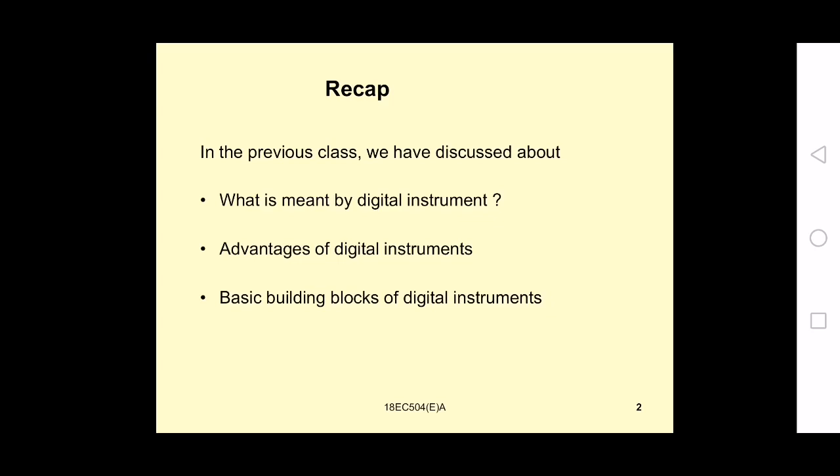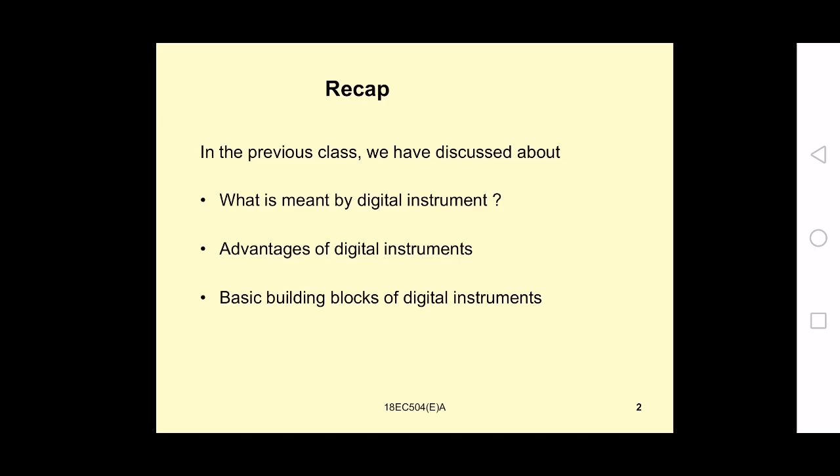Accuracy is higher, resolution is better, and the digital signal can be recorded and further processed easily. It is portable, cost is less, and it is very reliable, and the results are very accurate, so repeatability is very good. Like that, we have discussed the advantages of digital instruments over analog instruments.